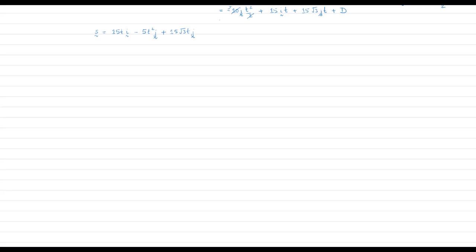I can further simplify this to make it look better. This will be 15 t i plus, in the bracket, minus 5 t square plus 15 square root of 3 t, times j, plus d.